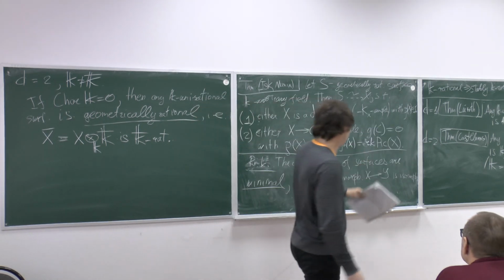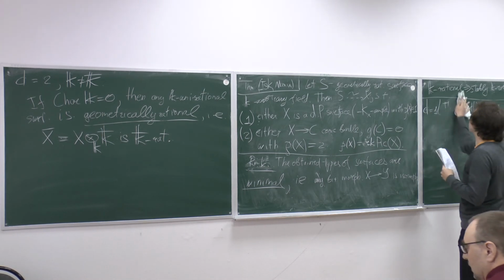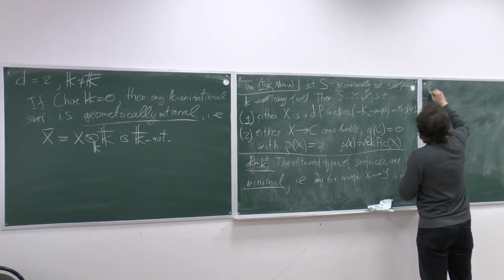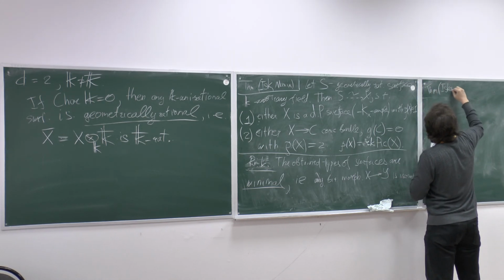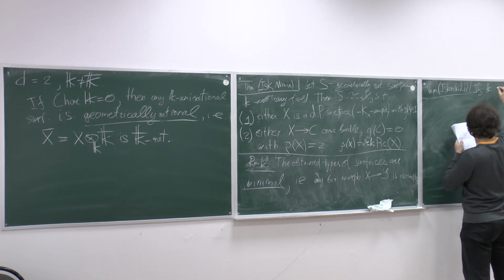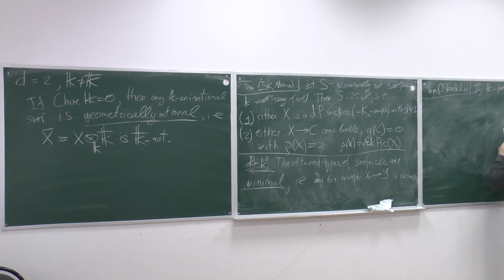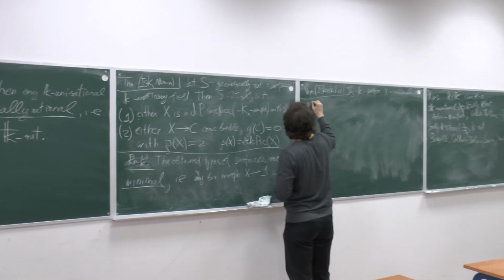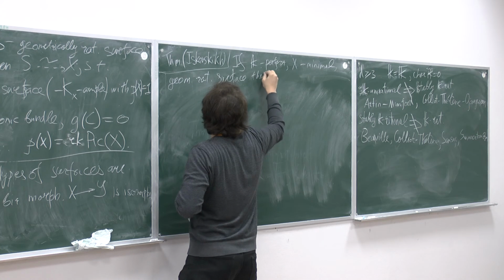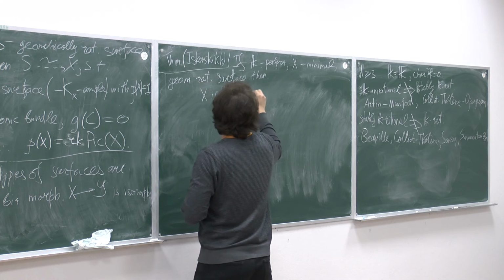Well, what about our problems? First, K-rationality. There is this rationality criterion, which says the following: if K is perfect and X is a minimal geometrically rational surface, then X is K-rational if and only if the following two conditions hold.